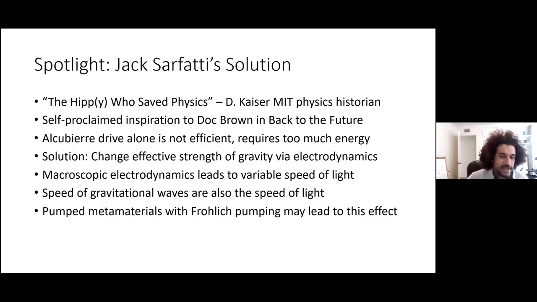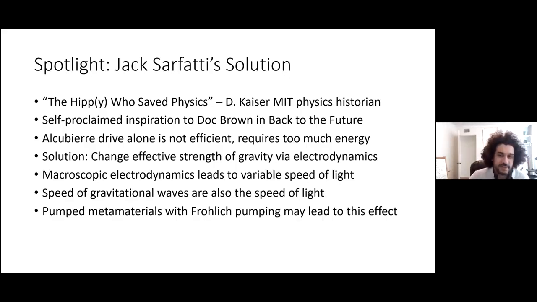And we need to recognize that these metamaterials and looking at macroscopic electrodynamics allows for this variable speed of light. He might not exactly describe it the way I'm about to describe it, but this is how I made sense of it and internalized it for myself. Basically, the speed of gravitational waves is the same as the speed of light. Everything that is massless moves at the speed of light.